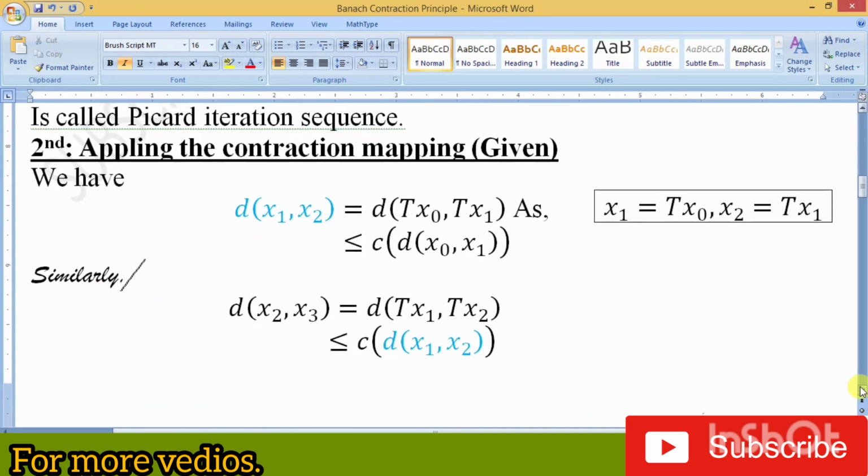Next, apply the distance function of x2 and x3. Write it first in operator form, T of x1 and T of x2. We get c times the distance function of x and y.